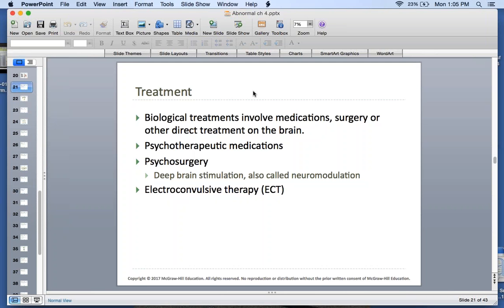But the idea now is you go into the hospital and they give you medication to put you to sleep. They put a little mouth guard in, they have you on the bed, and they put little electrodes on each side of your head that send electricity into your brain, and it creates a small seizure.